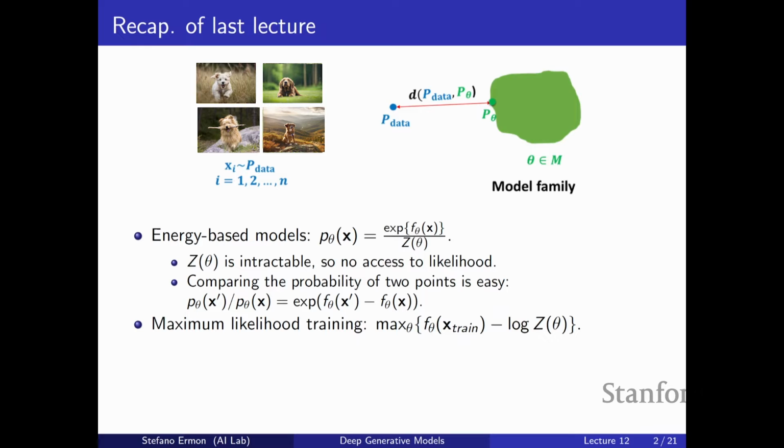It's different from a likelihood-based model, like an autoregressive model, where this partition function z theta is guaranteed to be 1, regardless of how you choose the parameters of your conditionals, for example, in which case you don't have to worry about how the partition function changes if you change some parameters in your neural network, because it's constructed by design to be 1, regardless of how you choose your parameters.